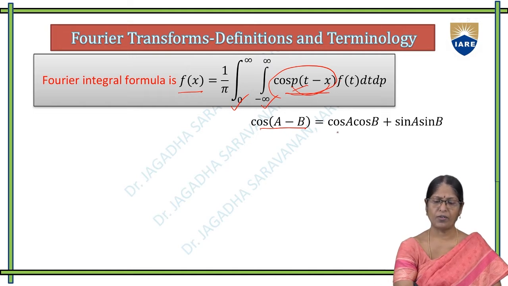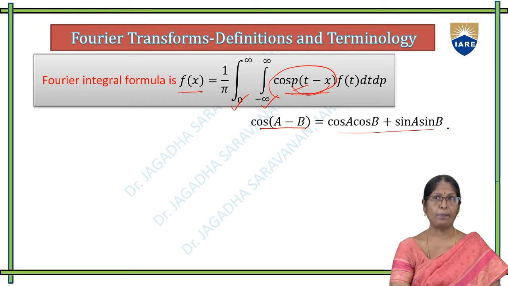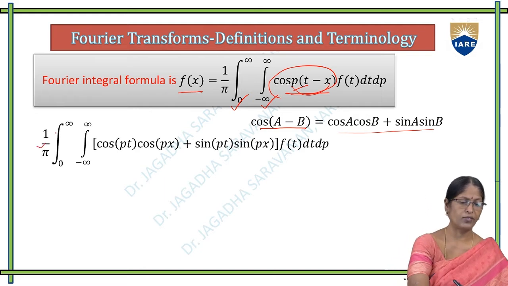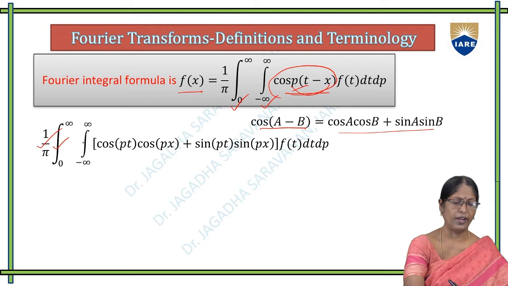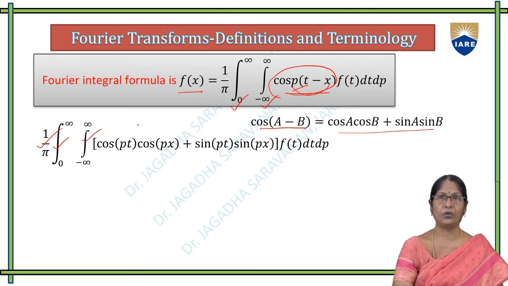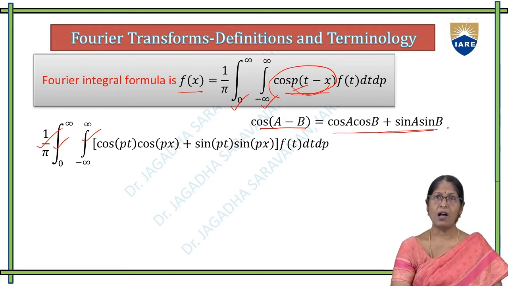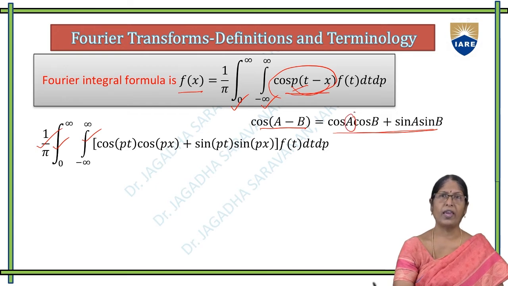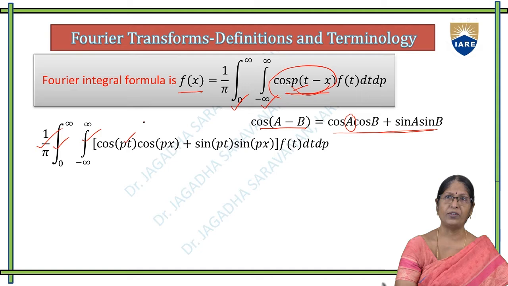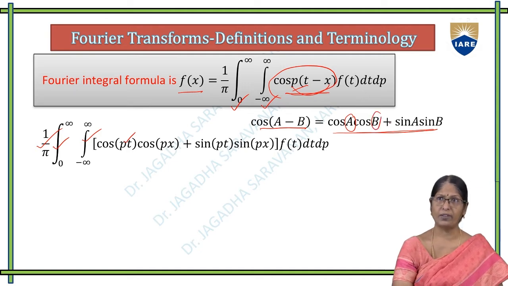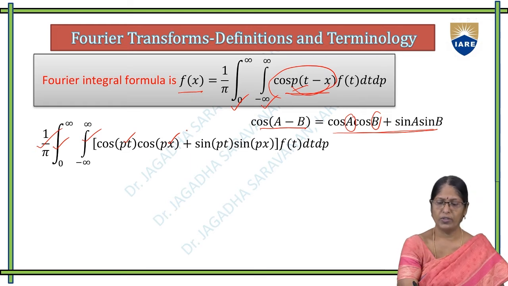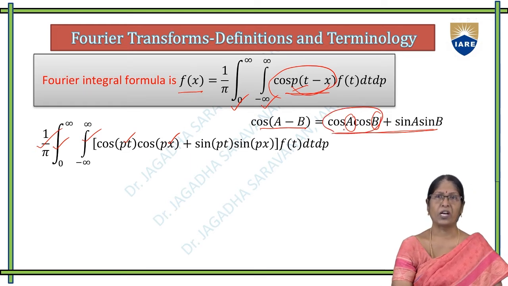So we can see 1 by pi integral 0 to infinity, integral minus infinity to infinity, cos A, where A we replaced by pt and B we replaced by px. So this first term we completed.